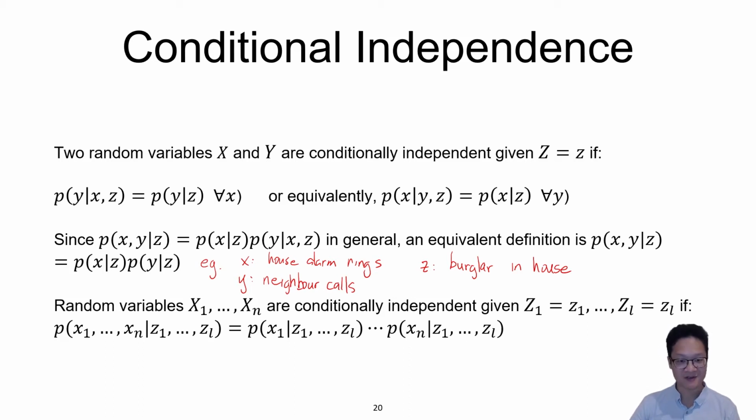And then the neighbor, if the neighbor knows that the burglar is in the house, maybe that's the reason why the neighbor calls, right? Anyway, there are many examples like this. So don't assume that if two variables are not independent, they're also not conditionally independent, and also vice versa as well.